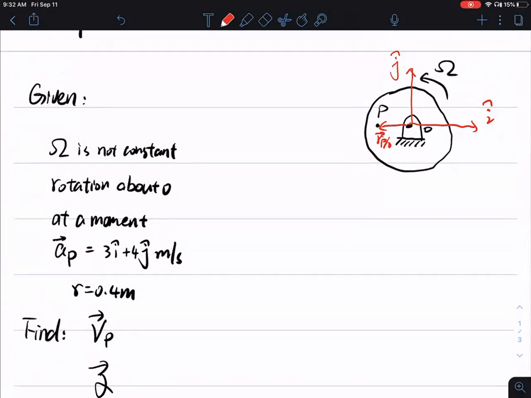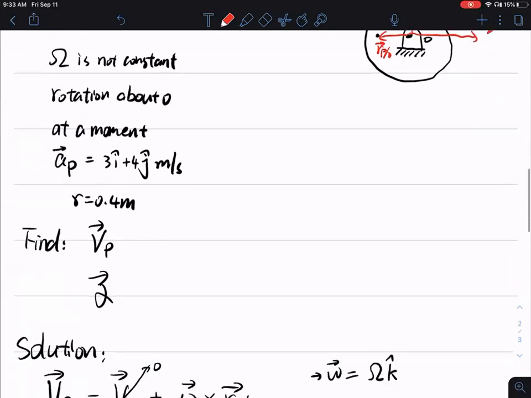It's in the I and J coordinate system, so the vector form should equal something I plus something J. That vector goes from point O pointing to point P. The J direction number is 0. In the I direction, it points in the negative I direction, which gives a negative sign, and the distance is 0.4.